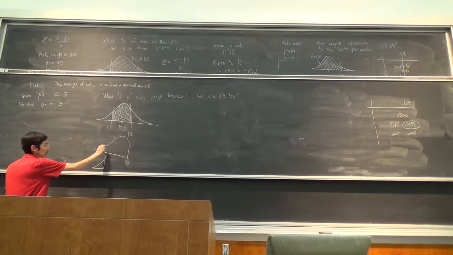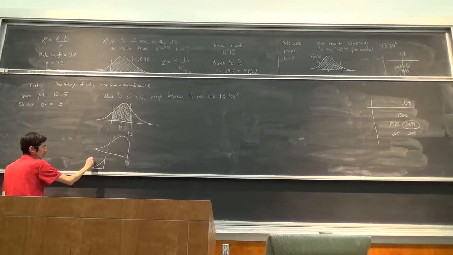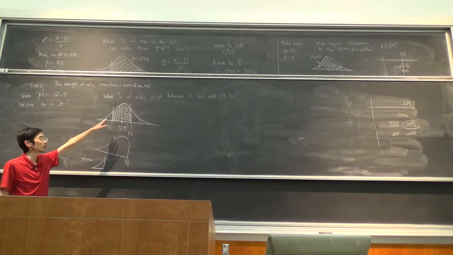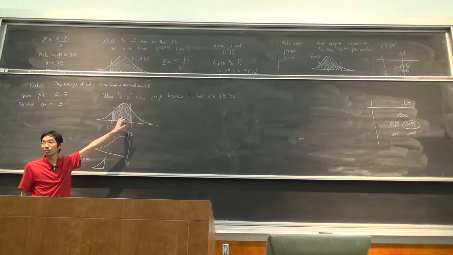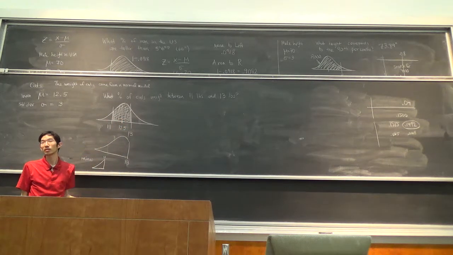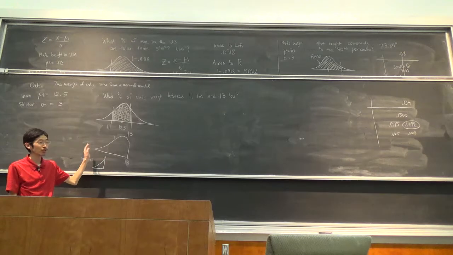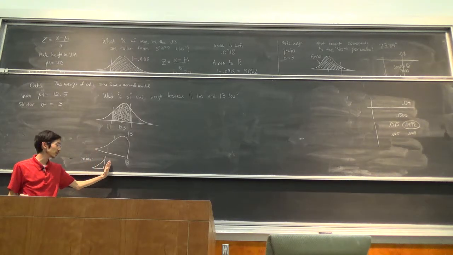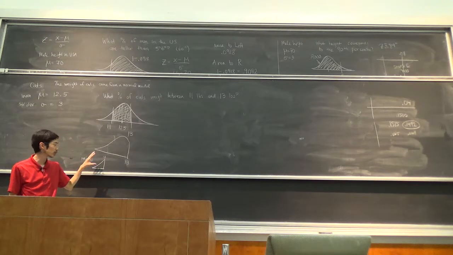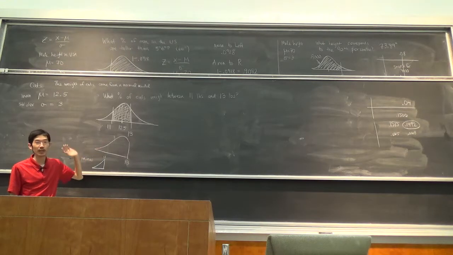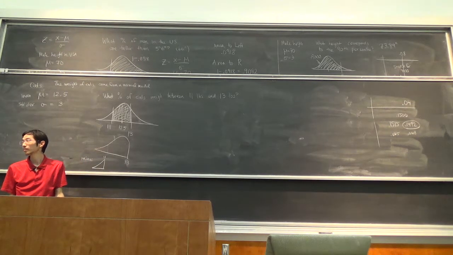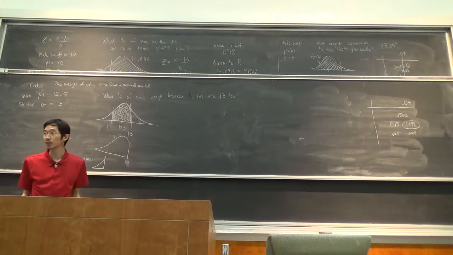And then I'm going to subtract. I'm going to take this area minus this area. Okay? And if I do that, what I'm left with is the area in between. Can we see that in our head? I'm taking the area to the left of 13, and I'm taking the area to the left of 11, and I'm going to subtract this chunk off of that piece. And then we'll get everything in between.